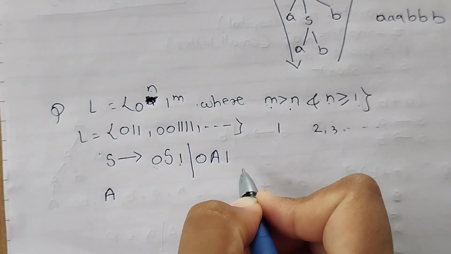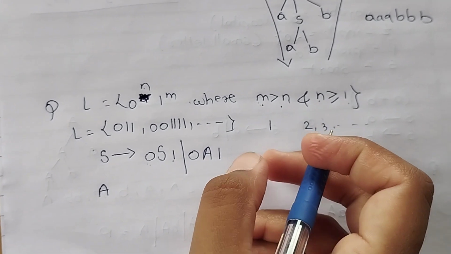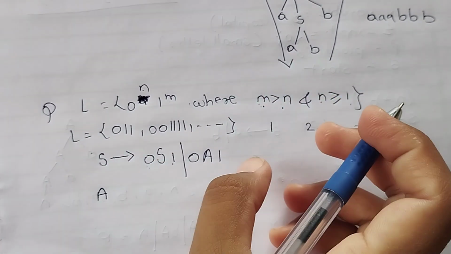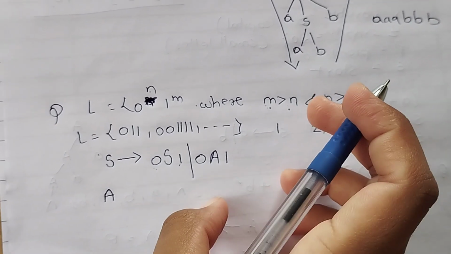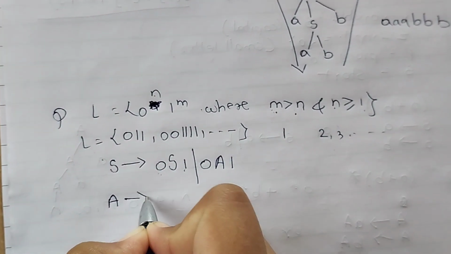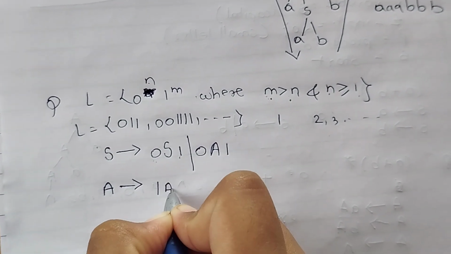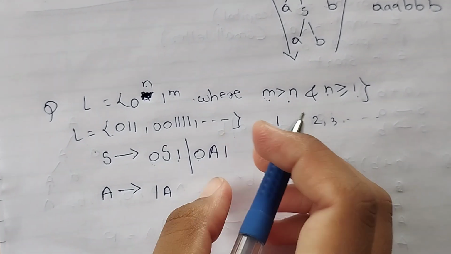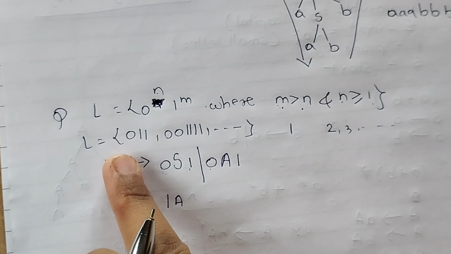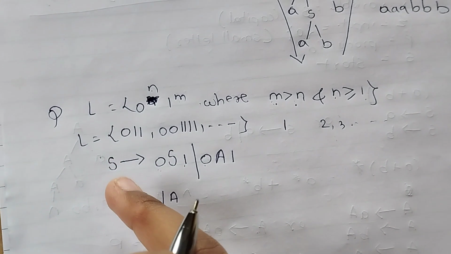Here we do not initialize any 0 and 1. If we initialize, then it is wrong because we stop this S at this condition. So we write our final condition in A. So A is read as 1A, because here only a single 0 is considered, but 1 we want n number of 1s.